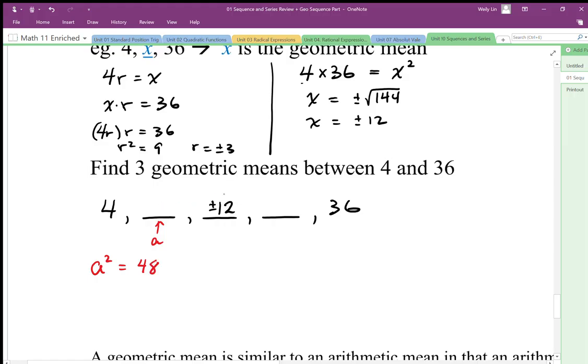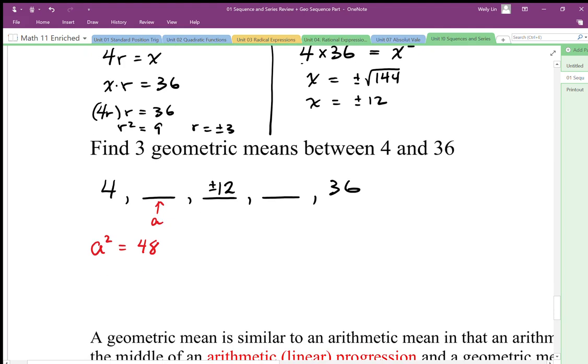If this is negative, this is going to be positive. If this is positive, this is still positive. Actually, when we look at this, we can only get a positive here. So that would just have to be the positive 12.